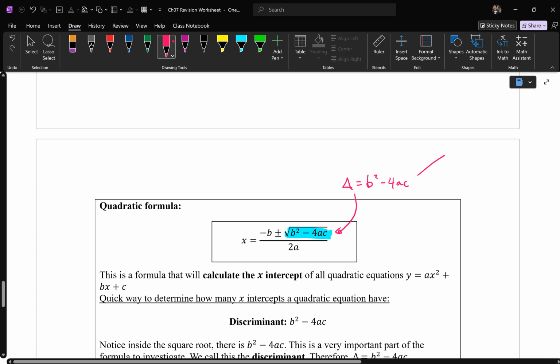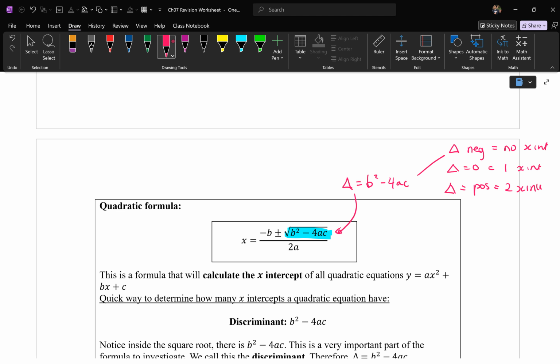You have 3 conditions. If the answer turns out to be negative, it means there are no x-intercepts. If the answer turns out to be 0, it means it has 1 x-intercept. And if the answer turns out to be positive, it will have 2 x-intercepts. That's as simple as it is. So I'll say it again.